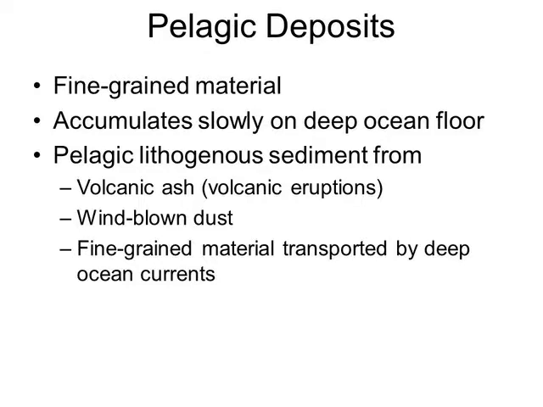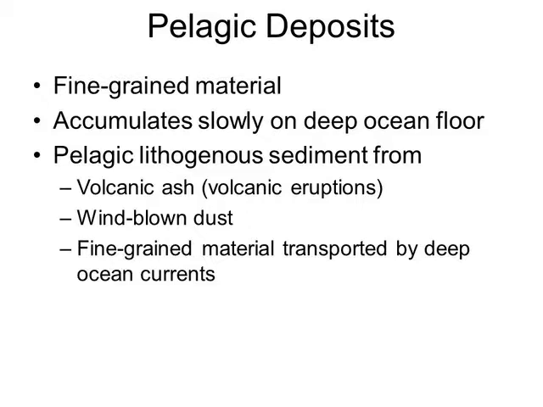Now, pelagic sediments tend to be finer grained because they've had more time to erode and break apart. They will slowly make their way through the water column down to the bottom of the ocean. And typically, pelagic lithogenic sediment tends to be comprised of volcanic ash from eruptions, wind-blown dust.